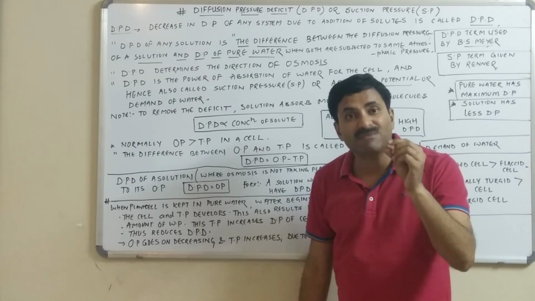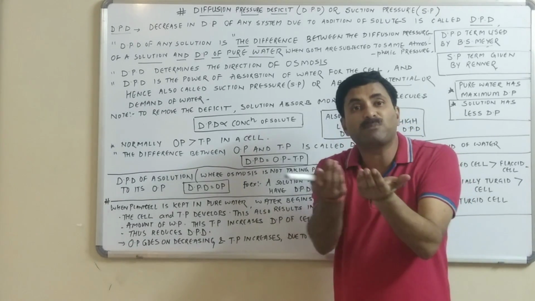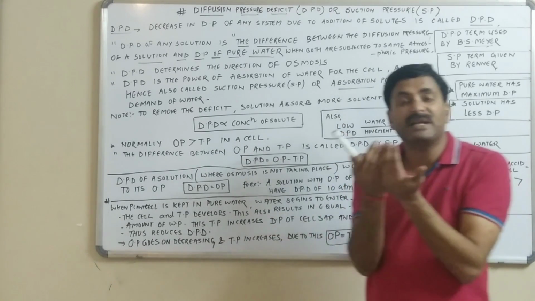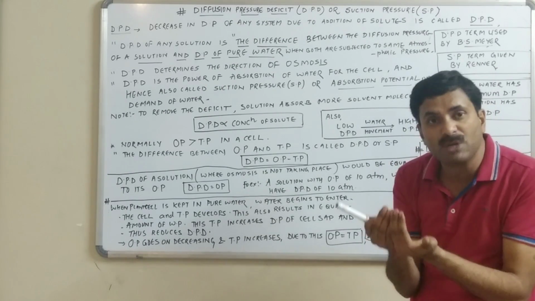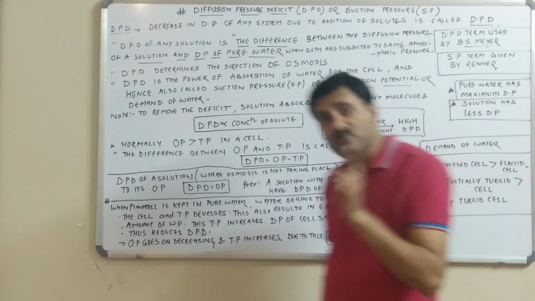A solution which has a high DPD will remove its deficit by absorbing more and more water, and that's why DPD is also called suction pressure, absorption potential, or the demand of water.